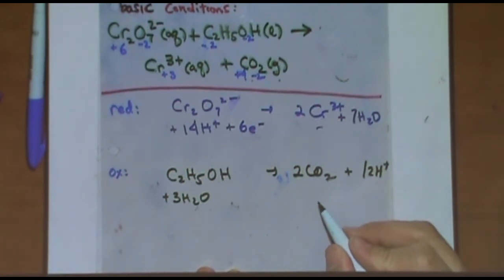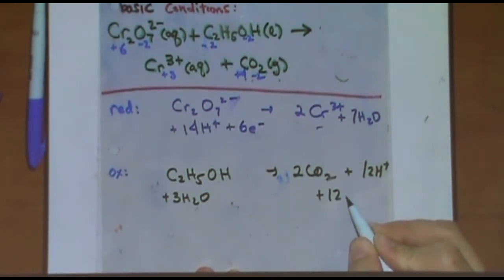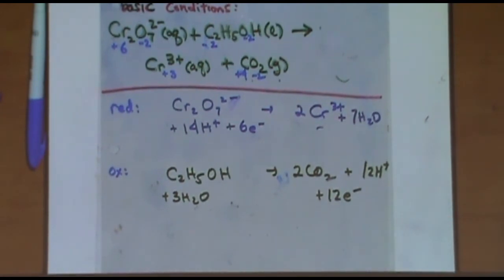Okay, final step, step 4, balance the charge with electrons. Plus 12 minus 12 on the right equals 0 on the left. Notice also oxidation has the electrons in the product. That's always true of an oxidation half reaction.